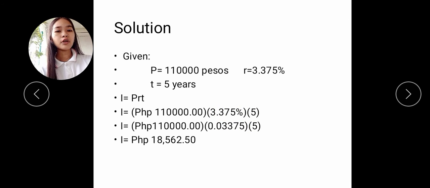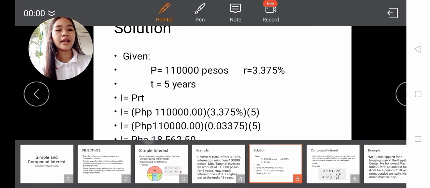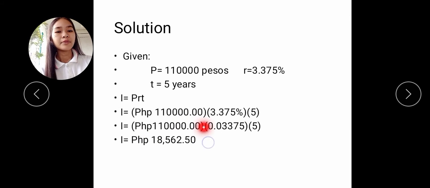And we will convert this percent to decimal. So, I equals 110,000 pesos times 0.03375 times 5.